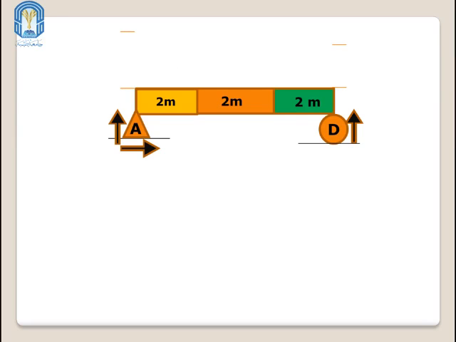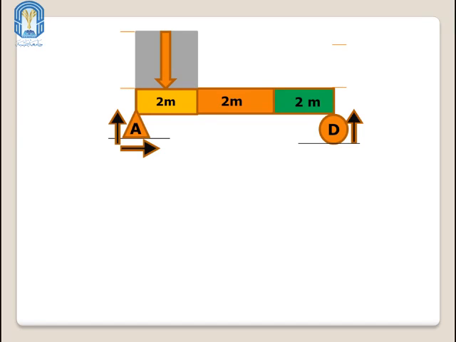The first centroid will be exactly in the middle of the yellow part, and that means it will have a distance 1 from the pin A.